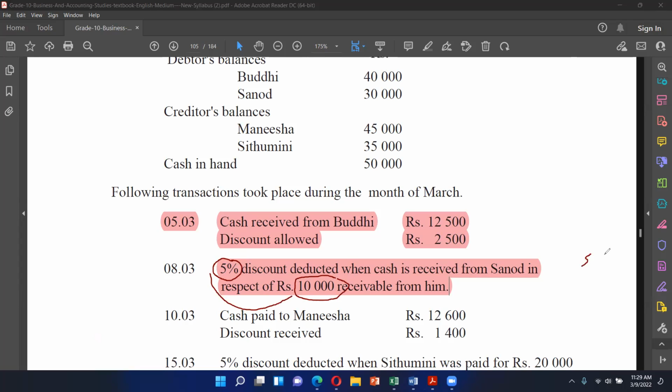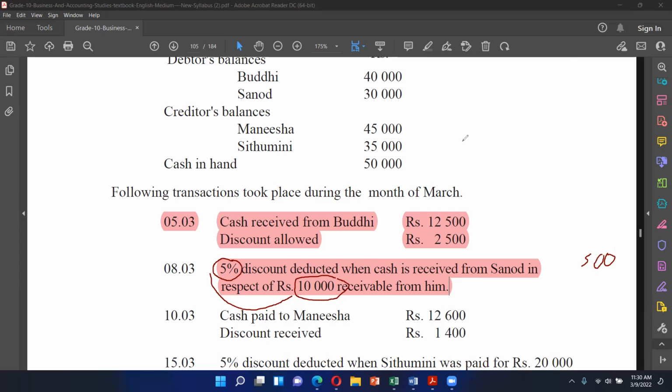So when you offer discount 500, you receive cash 10,000 minus 500, 9,500. So cash book debit 9,500, and the 500 goes to the discount allowed column in the debit side of the cash book. Credit Sanod, that is a debtor, 9,500 and 500 separately.